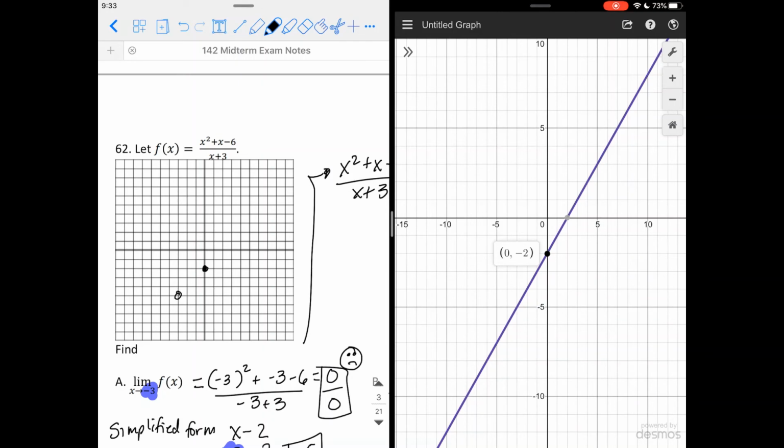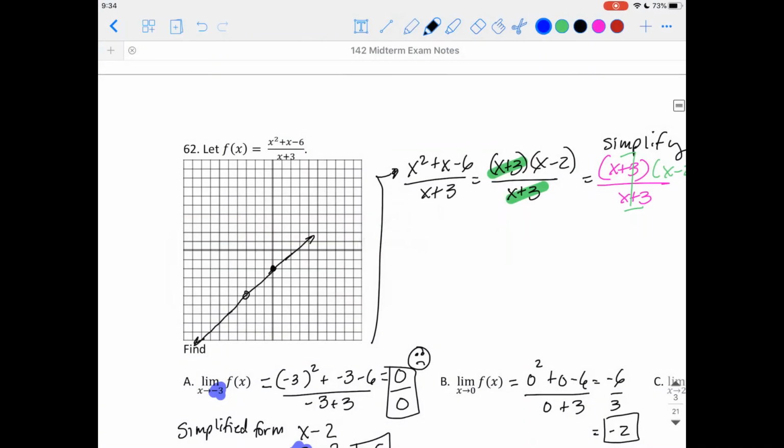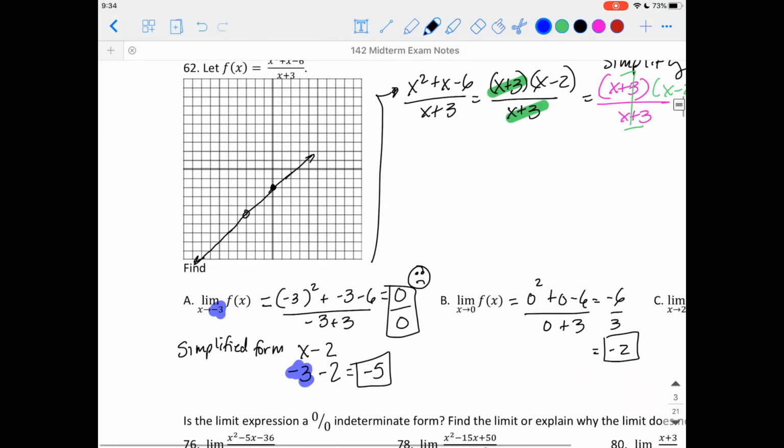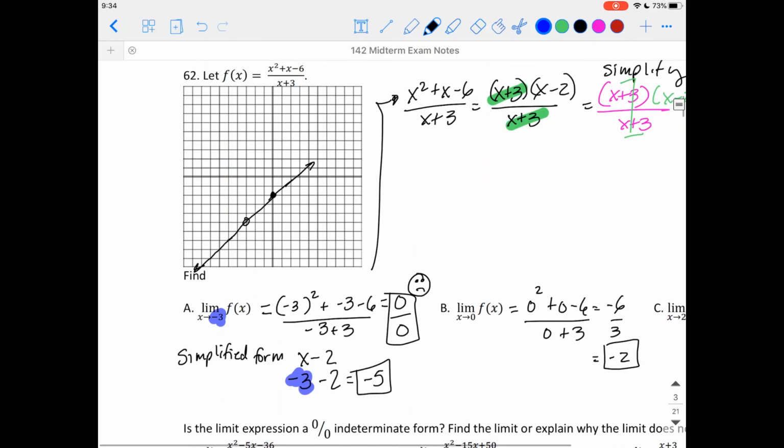And that's enough for me to get a line here. So now that I have this one, at negative 3, here's negative 5.